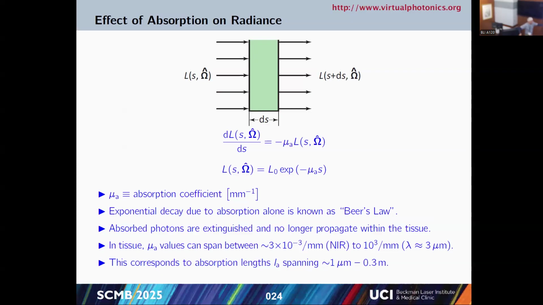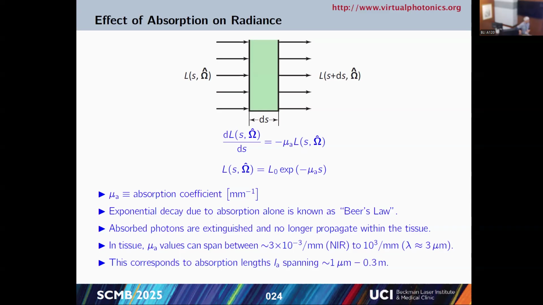And what that means is that if you take the reciprocal of this, I always like to think about the reciprocal of mu a, because the reciprocal of mu a gives you a characteristic spatial scale over which light can propagate before being absorbed. And you see that in this wavelength domain it spans a huge multiple, almost 6 orders of magnitude. So if you're at 2.94 microns, in tissue, basically light can propagate about a micron or two.